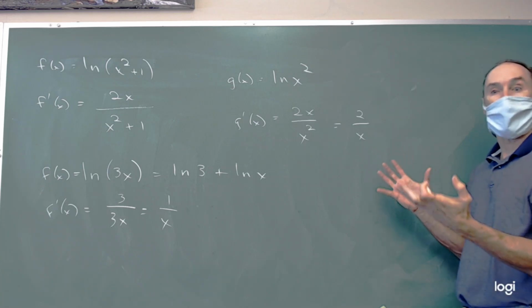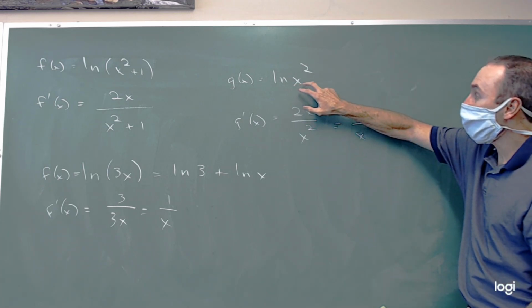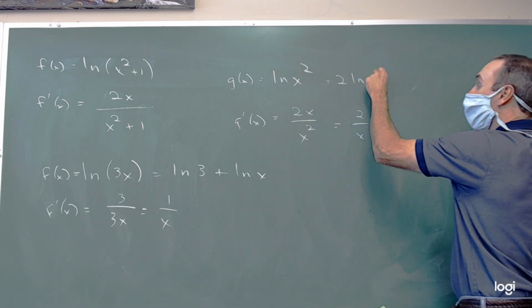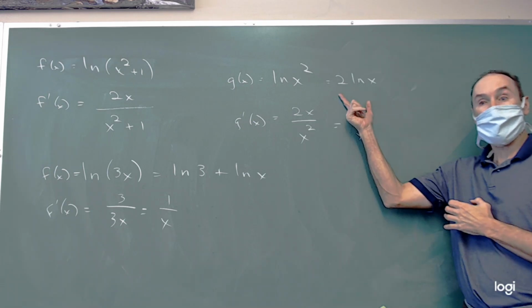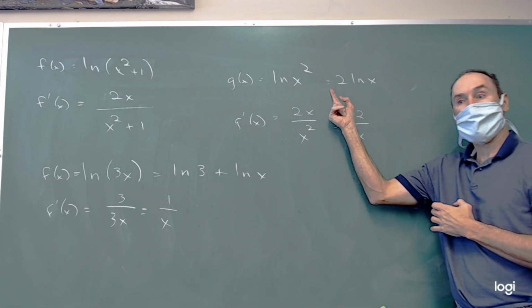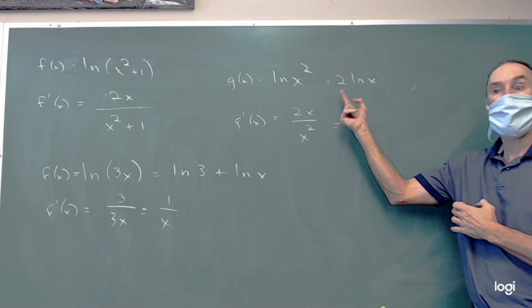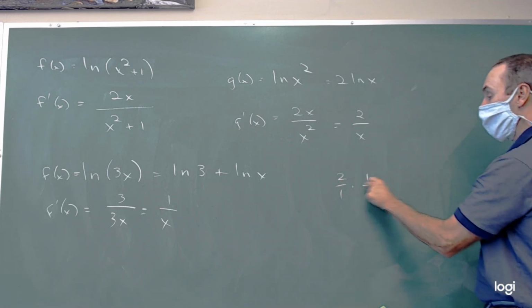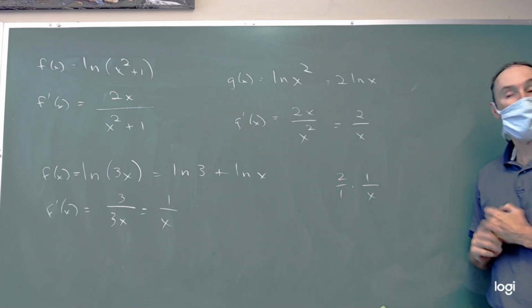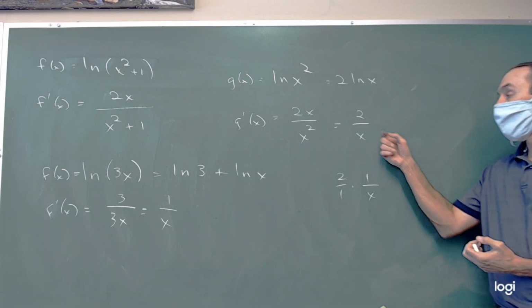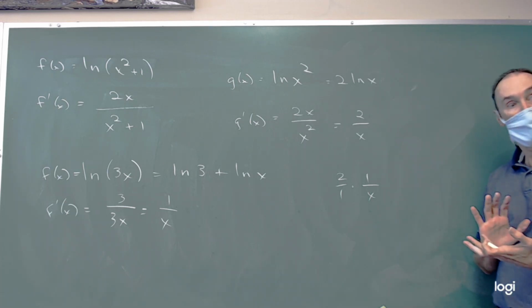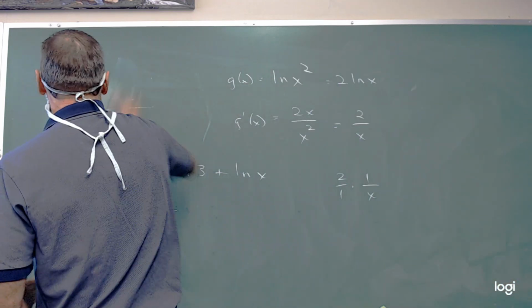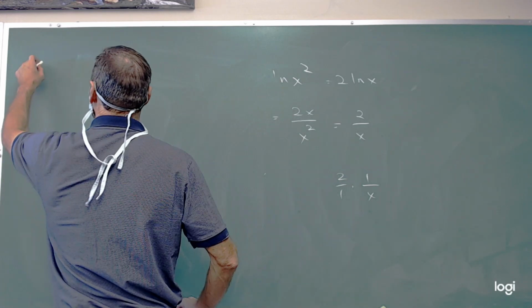Okay, remembering our property of logarithms, the natural log of x raised to a power, we can bring that exponent in front. Right? Now take this derivative. The derivative of a constant times a function is the constant times the derivative of the function. So its derivative is going to be 2 times the derivative of natural log x, which we know is 1 over x. Now what's going to be there? 2 over x. If you get something that's big and ugly, use your properties of logarithms first.